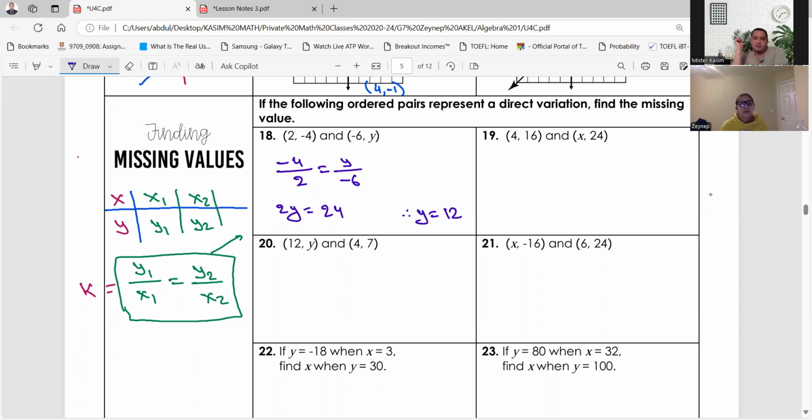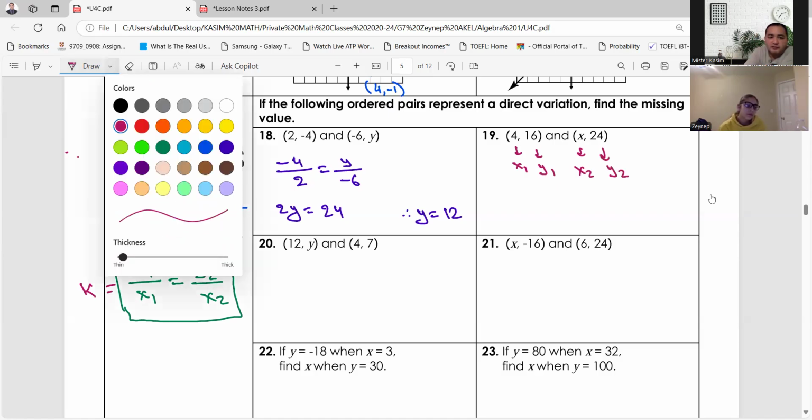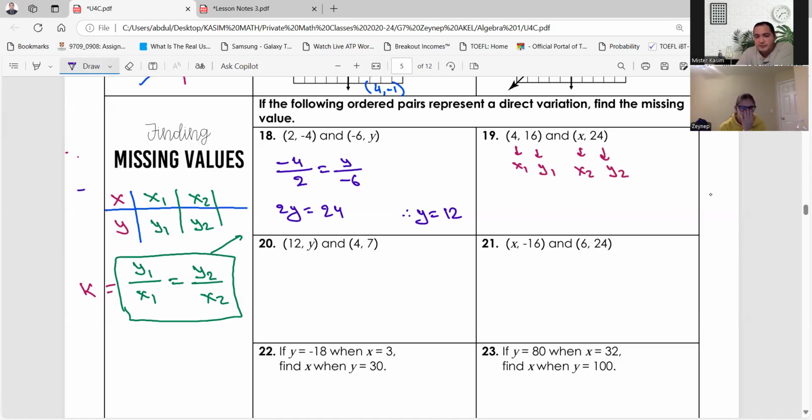I will show you another example, question 19. As you see here, if you get confused at first, you can just label them. This one is x1, this one is y1, this one is x2, this one is y2. Now if you write your ratio, 16 over 4 is equal to 24 over x. If you cross multiply, first, if you can simplify, 16 divided by 4 is 4.